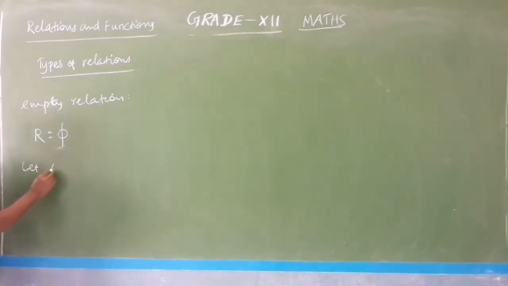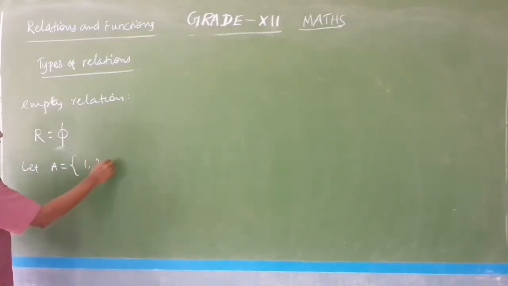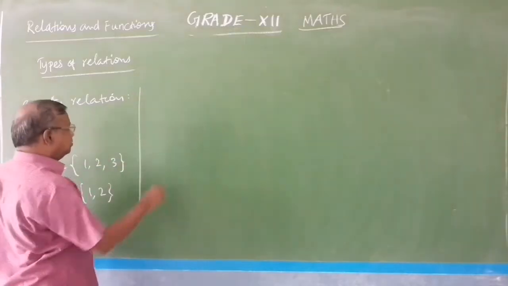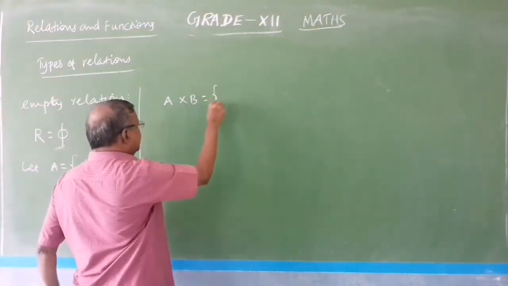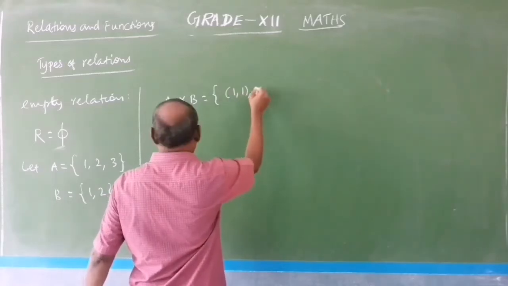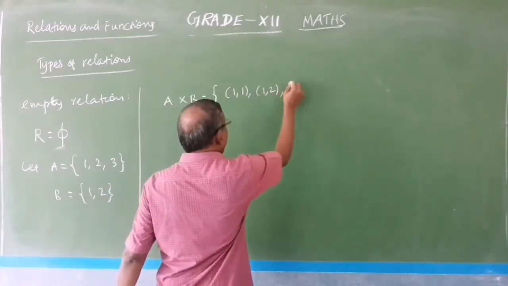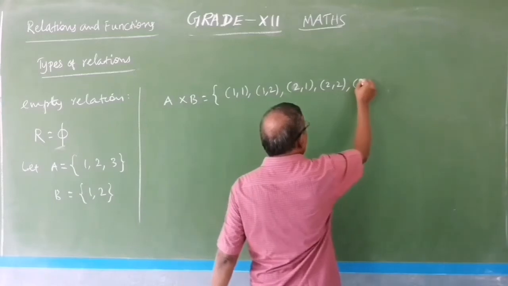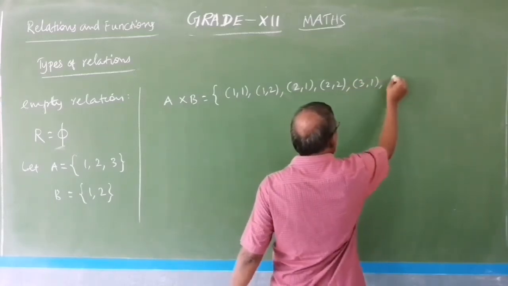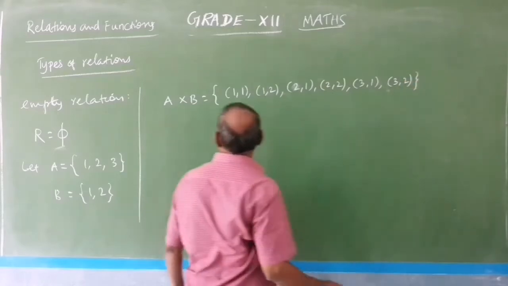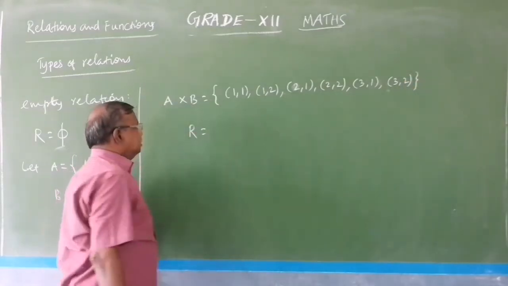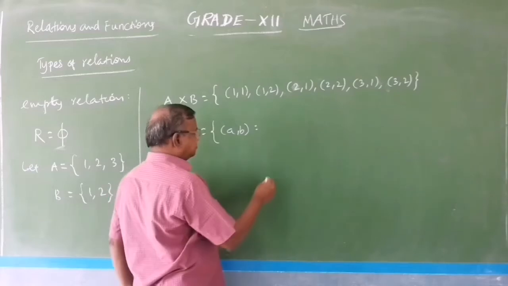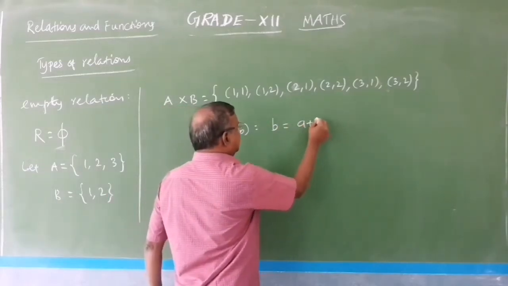Let A equal to {1, 2, 3} and B equal to {1, 2}. The Cartesian product A cross B is given as (1, 1), (1, 2), (2, 1), (2, 2), (3, 1), (3, 2). Let R be a relation in this Cartesian product, (a, b), such that b equal to a plus 7.